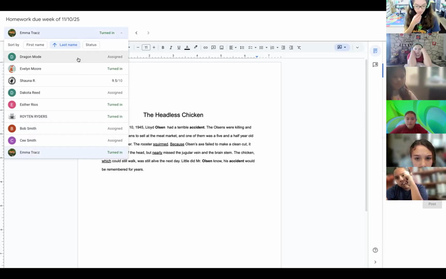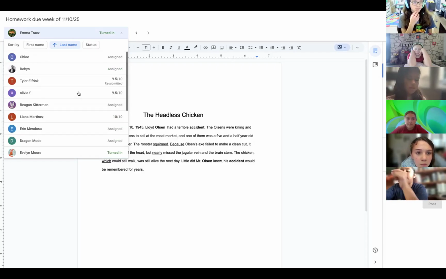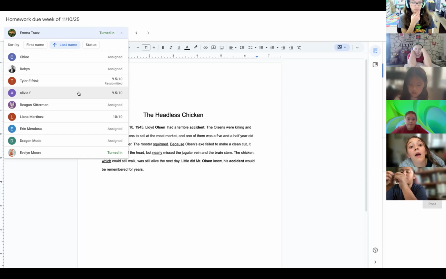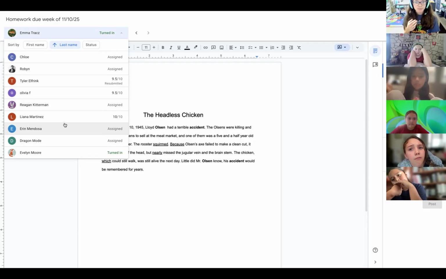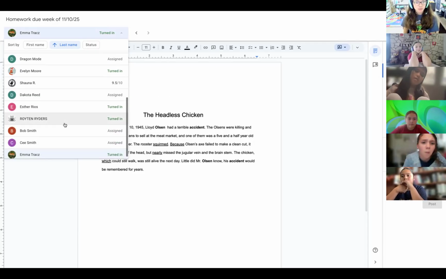Oh, by the way, when you add your paragraphs this week, you are going to literally add them to the same document. So when you turn your homework in at the end of this week, it's going to be 3 paragraphs total. You already have your first one done, so you're going to add to it. Does that make sense? It's supposed to be a 3-paragraph assignment.